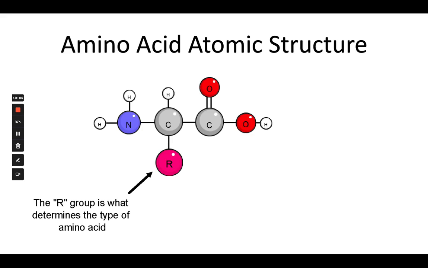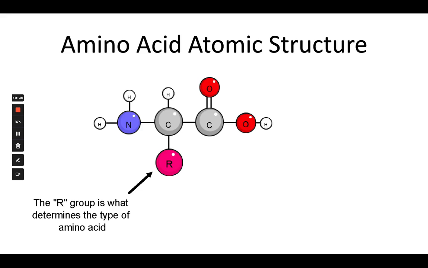So here's the structure of the amino acid. You need to make sure that you can recognize this structure, so copy this into your notes, and you can see that there's carbon, hydrogen, oxygen, and nitrogen in this molecule. The thing that makes amino acids special is the pink there that's referred to as the R group.